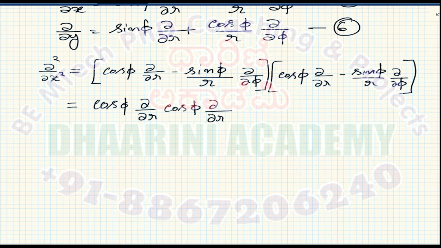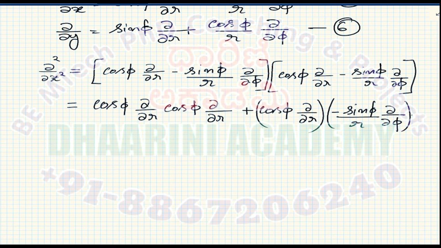Then first term into the second term, that is plus cos phi dou by dou r into minus sin phi by r into dou by dou phi.